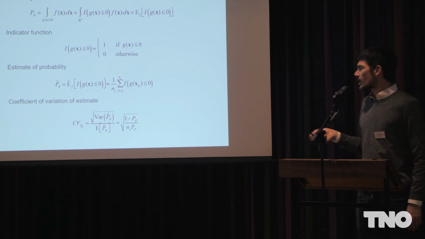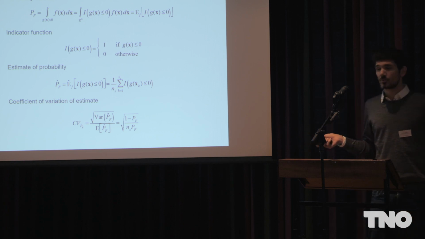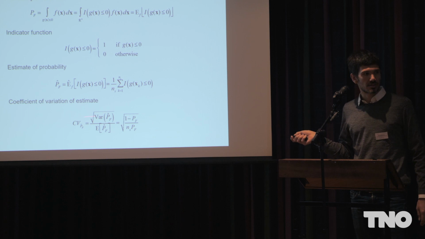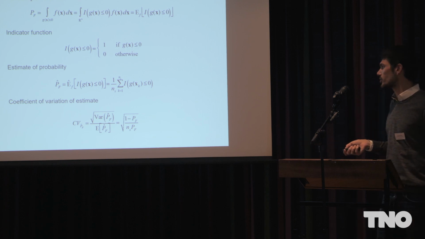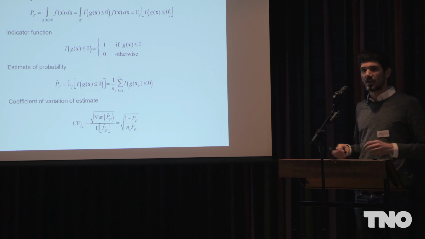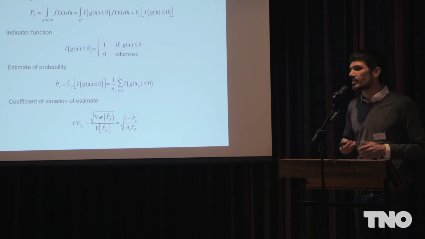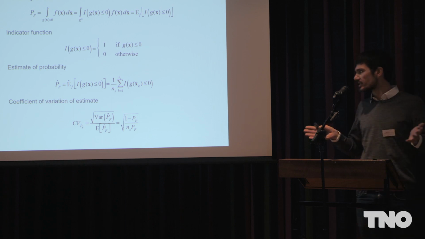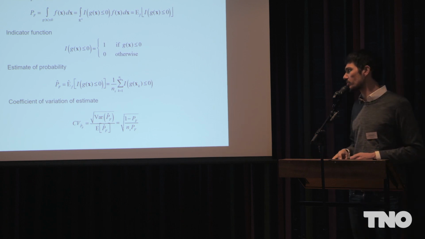An interesting thing to point out here is that the dimension of the random variable space does not enter the coefficient of variation of the probability of failure. So this coefficient of variation is the same for any problem, at any dimension, with the same failure probability.